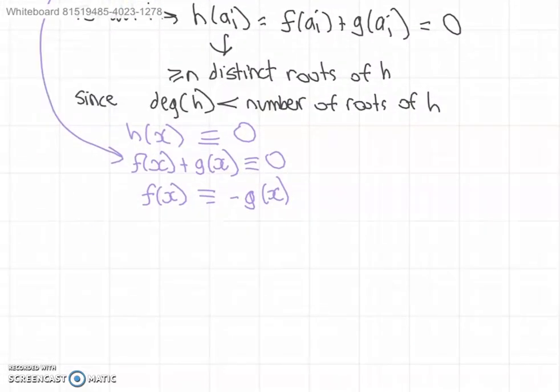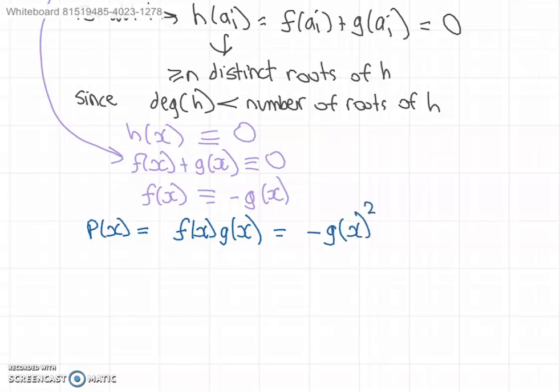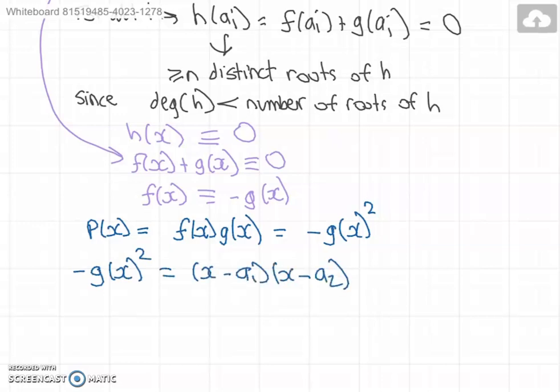And from earlier we assumed p of x was equal to f of x times g of x. And it follows, if we replace f of x with minus g of x, we have minus g of x squared equals (x minus a1), (x minus a2), dot dot dot, (x minus an), minus 1. Now we can compare leading coefficients on both sides.